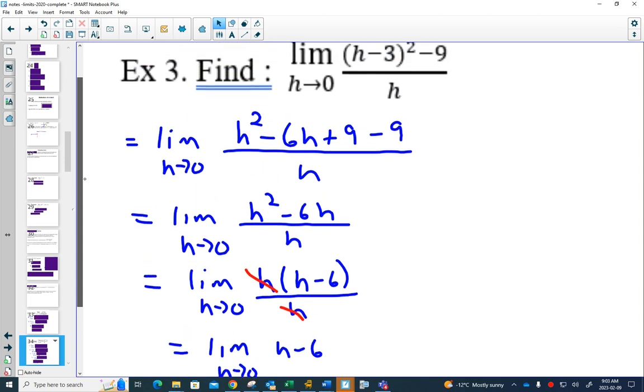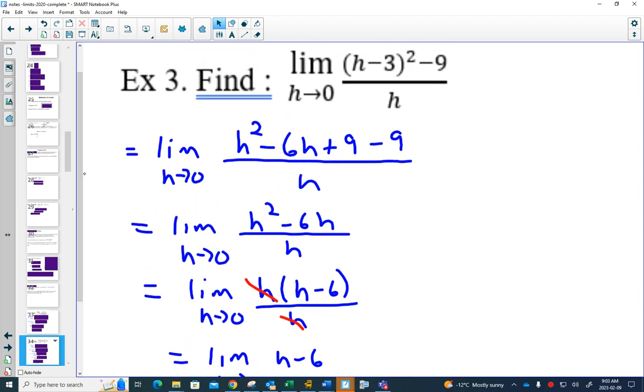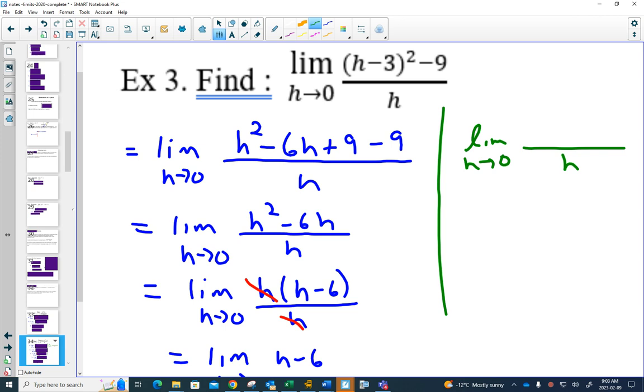Method number 2. As I said, some people were doing this method. This is probably the most typical, multiplying it out, simplifying things. But sometimes you can recognize this is a difference of squares. We have something squared minus 3 squared. So if I factor this like a difference of squares, it would be plus 3 minus 3.